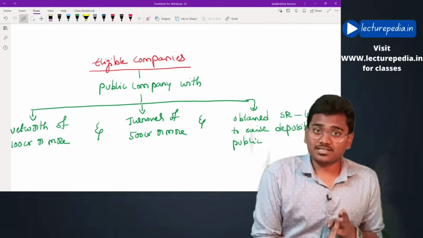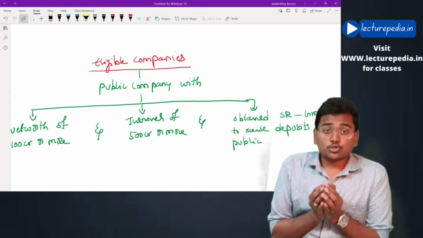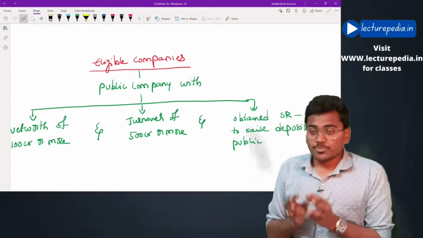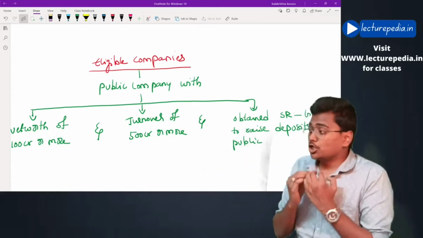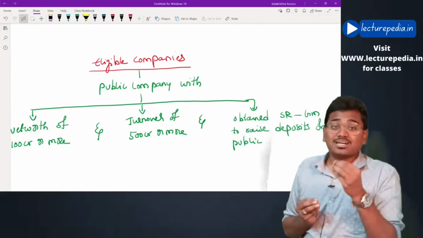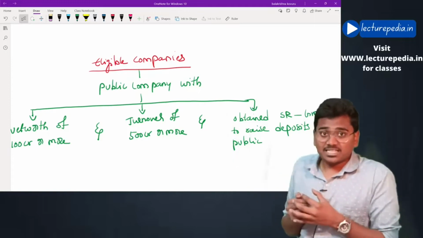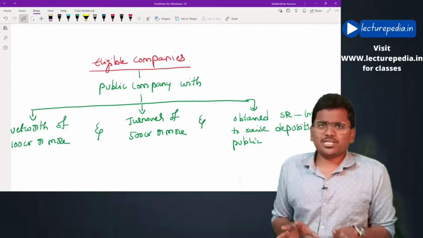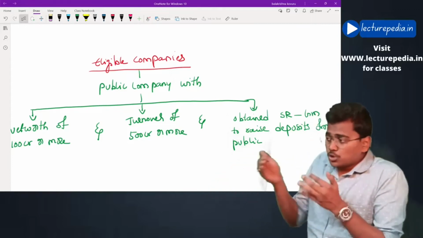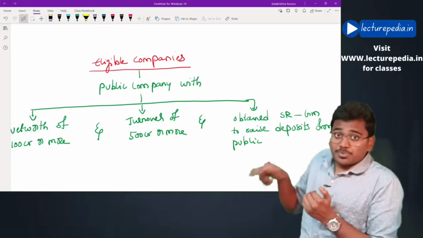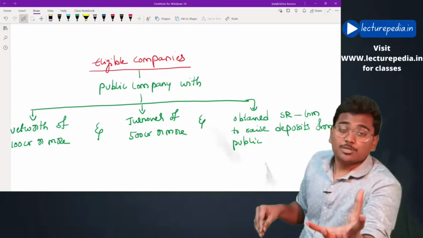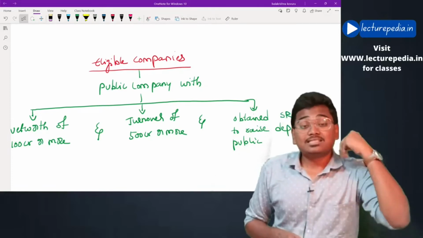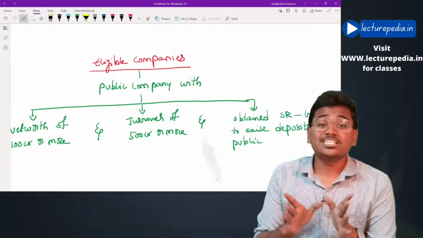And the third criteria is that the company should have obtained a special resolution in the general meeting from its shareholders, permitting the company to raise deposits from public. If these three conditions are satisfied, then that company will be known as an eligible company.